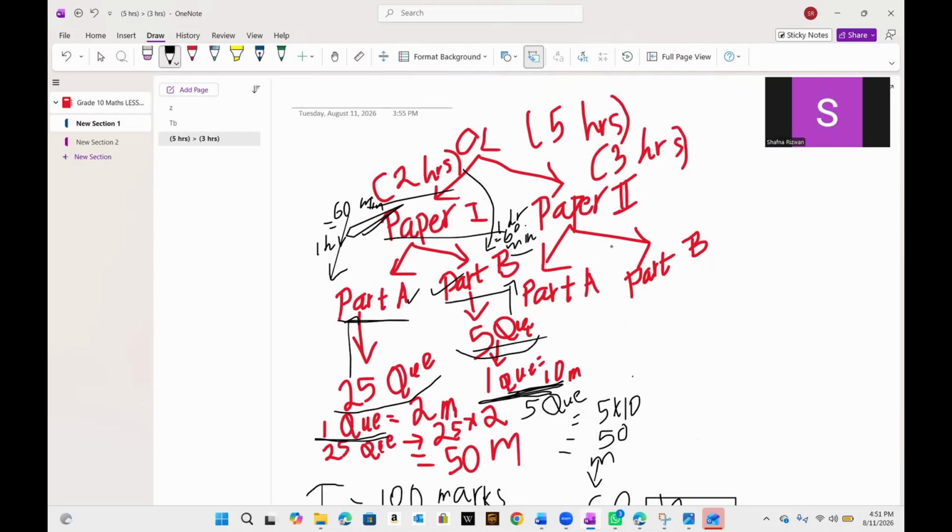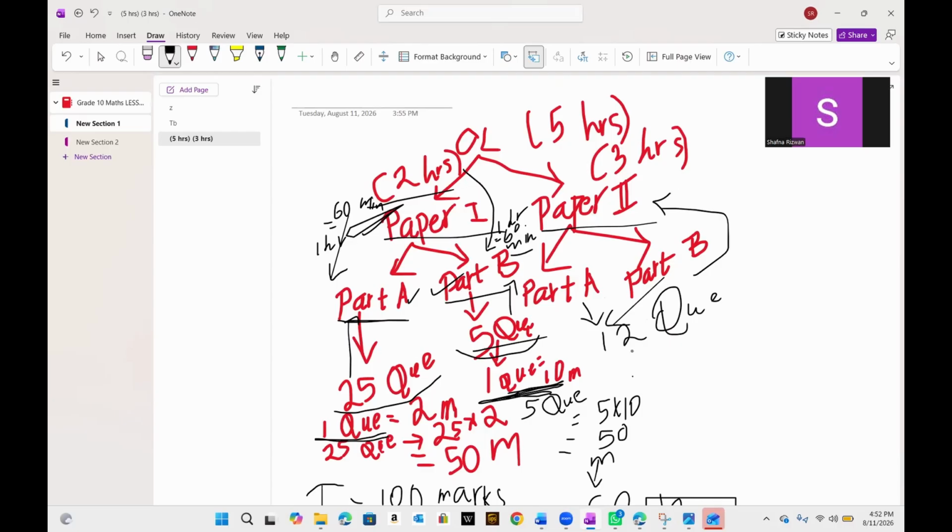Part A and part B together will give you around 12 questions, which means in your paper 2 you will have around 12 questions.